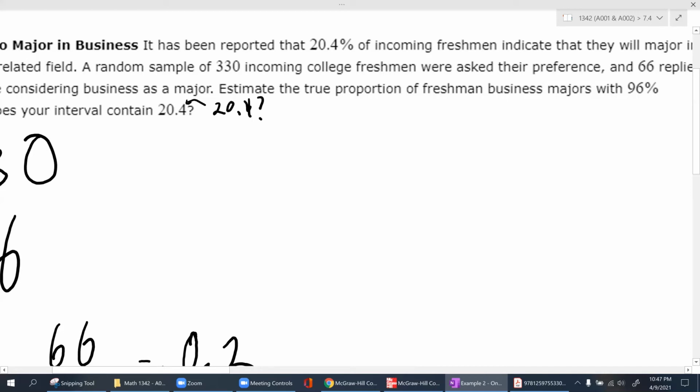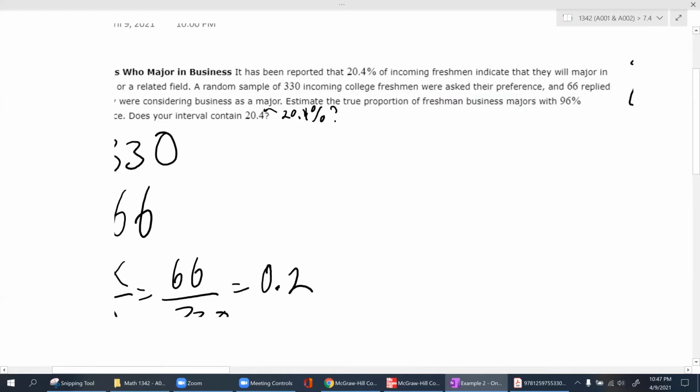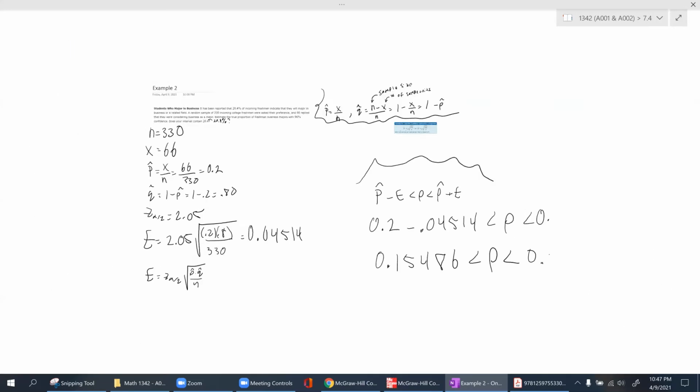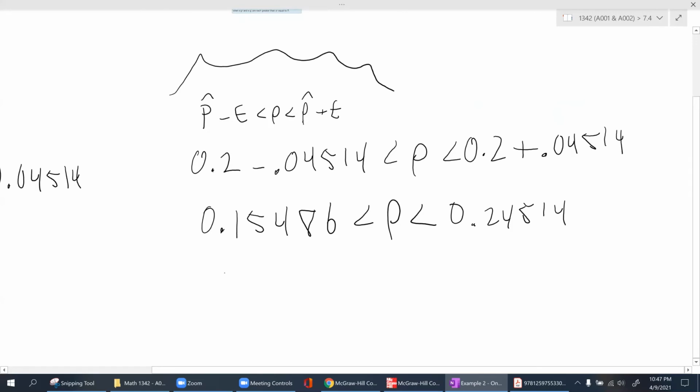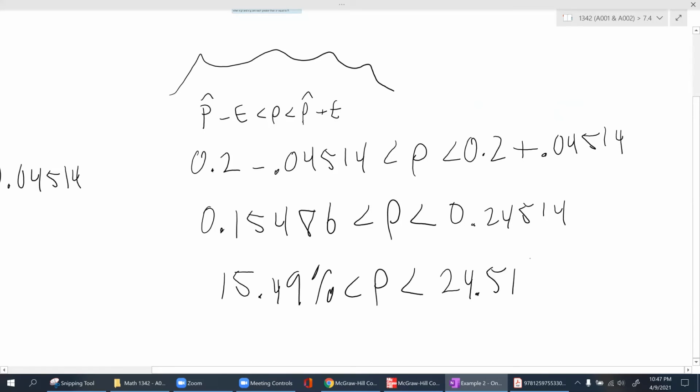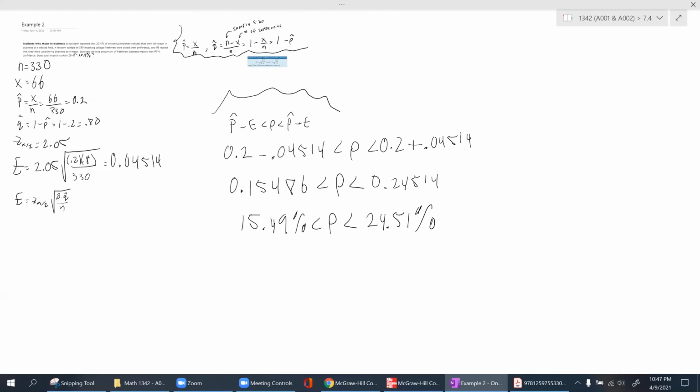I could have missed it, just like I did right now. That means I need to multiply these both by 100. So this here would be 15.49%, bounded by 24.51%. And yes, it does. The question was, does your interval contain 20.4%? Yes, it does contain it.